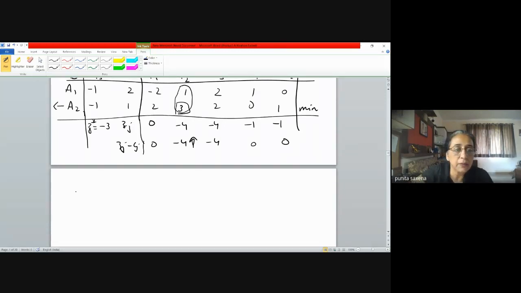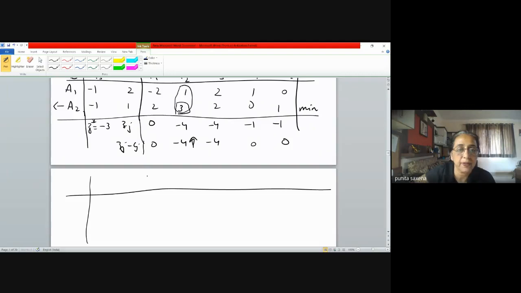So now I'll be needing your values. Now my basic variables are A1 and X2. X1, X2, X3, A1, A2.